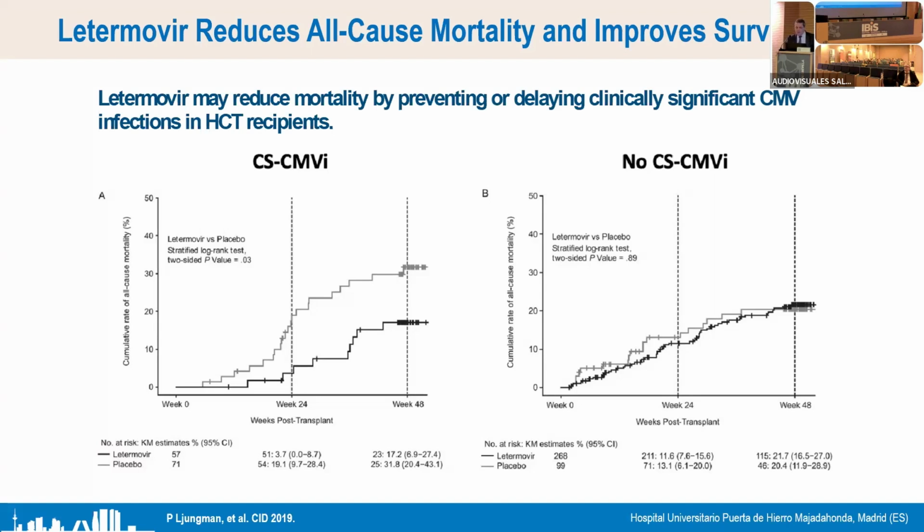And in patients that don't reactivate, letermovir or placebo do the same. This is the same all-cause mortality that you have anywhere else. However, in patients with reactivation, those patients that reactivated while on prophylaxis with letermovir, which is this curve, had similar survival to the patients that never reactivated.